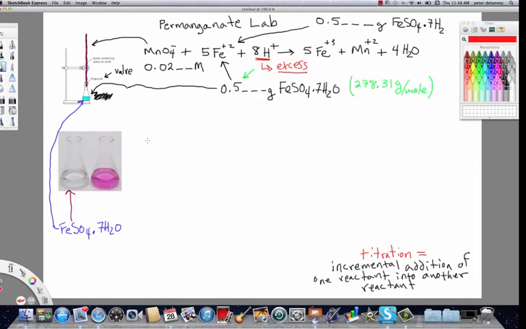The way that we're going to do that is when we prepare the collection flask. We're going to mass out our 0.5 grams of the iron material, and we're going to dissolve it in, and different professors and different teachers are going to do this different ways, but in my class, I have the students dissolve this material in 20 milliliters of 1 molar sulfuric acid.